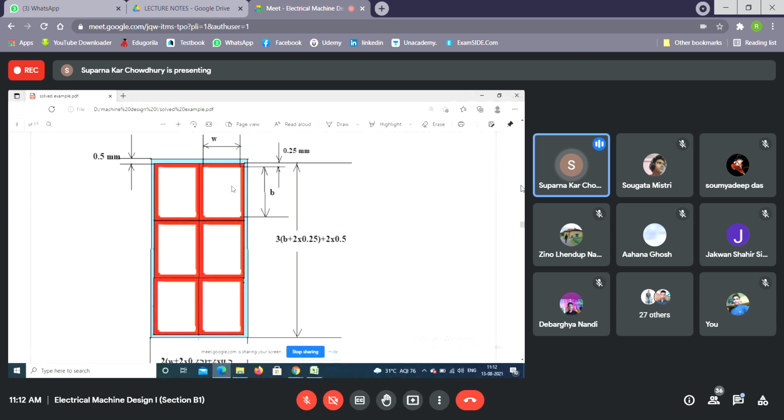are going for parallel strip, obviously we can go for circular or rectangular conductor. The fact is that if we have circular conductor, then circular conductor will be placed like this. So there will be vacant spaces in the corners.